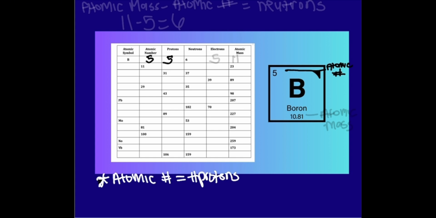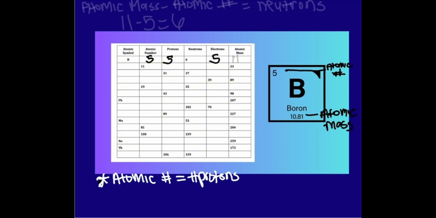Let me try to write that a little better. So it would be 5. Okay. And then I have to identify my atomic mass. My atomic mass is going to be right here, the number below my element symbol.